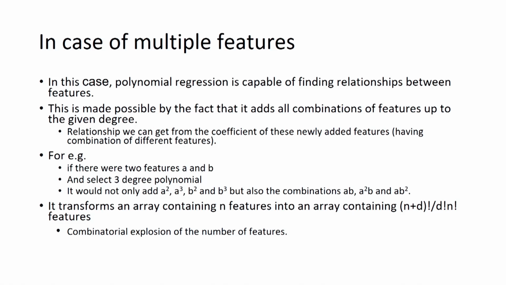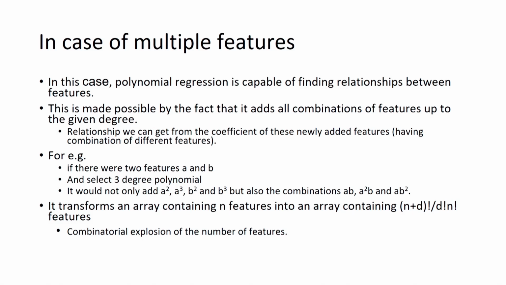Suppose there are two features a and b and we are selecting a 3-degree polynomial. How many features will we add? We already have a and b. So, we will add a square, a cube, b square, b cube, but we will also add a few more combinations because our degree of polynomial is 3.